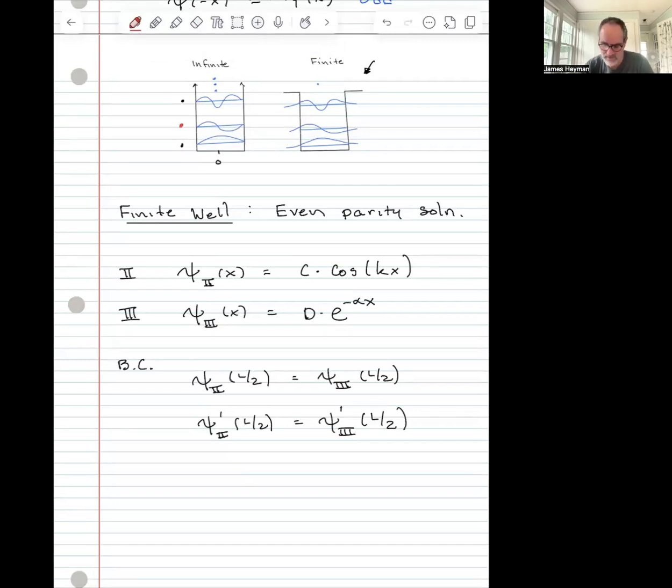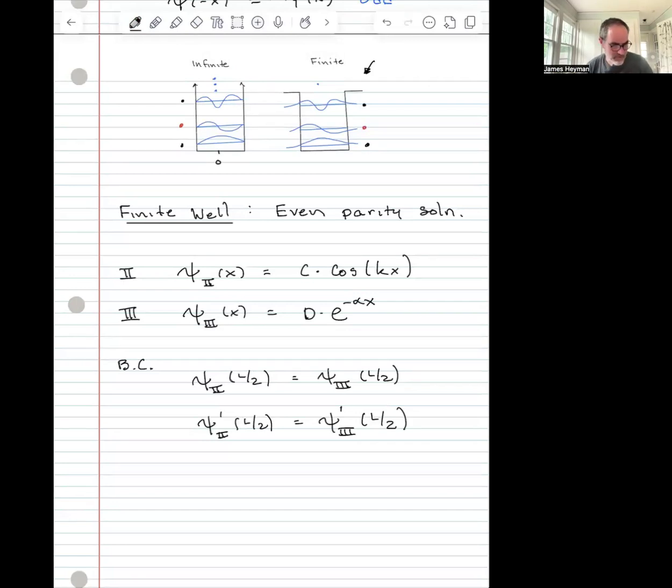We expect to find the same pattern for the finite well. Just wanted to mention that.